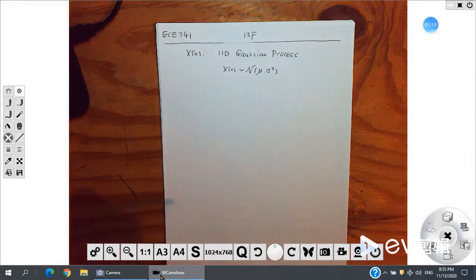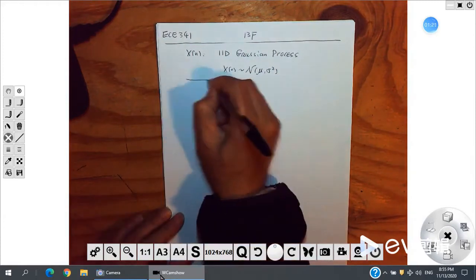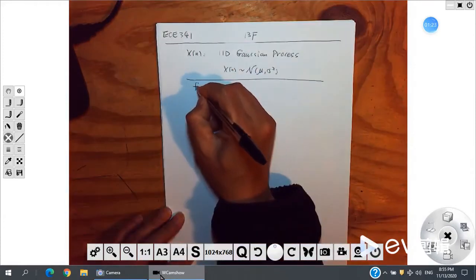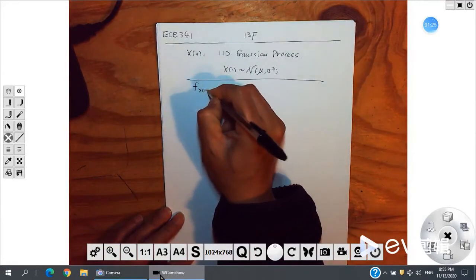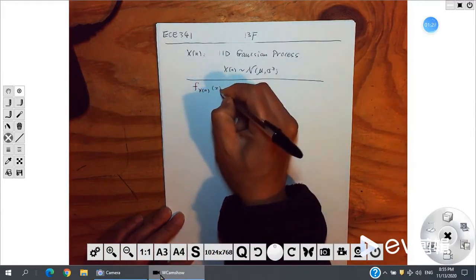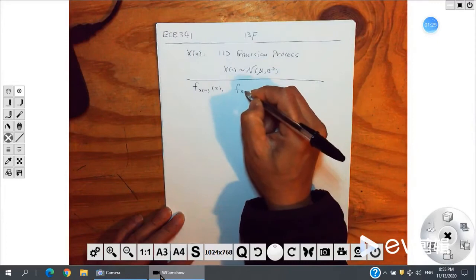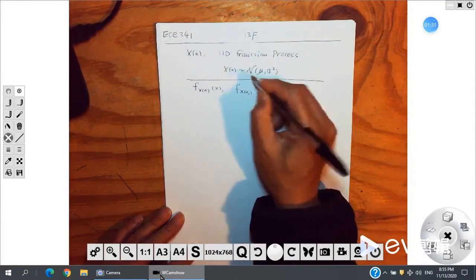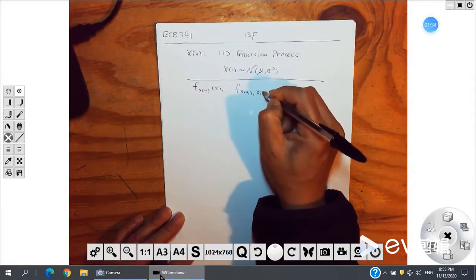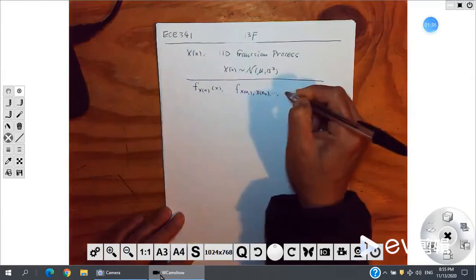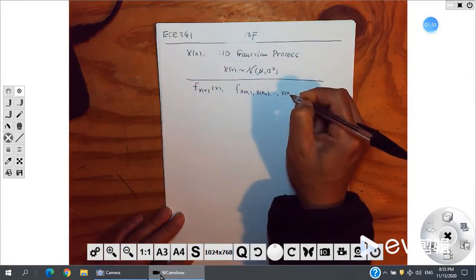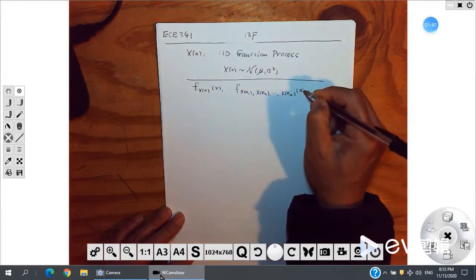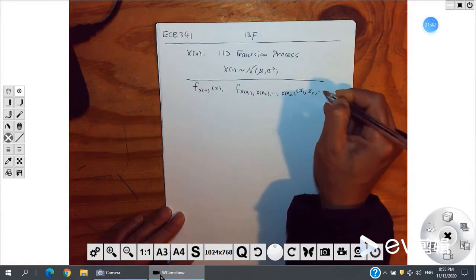Then we have studied the function f of x of n, the PDF, for several variables, x1, x2 to xm.